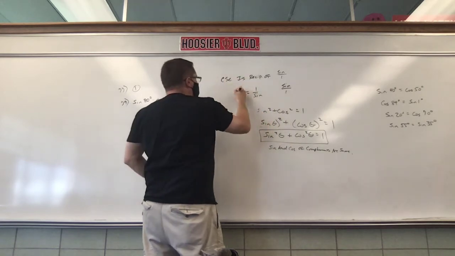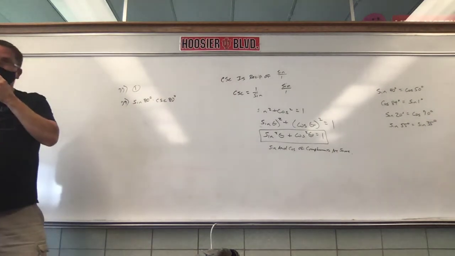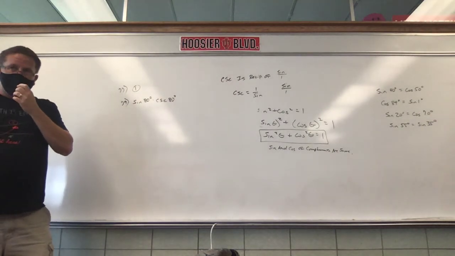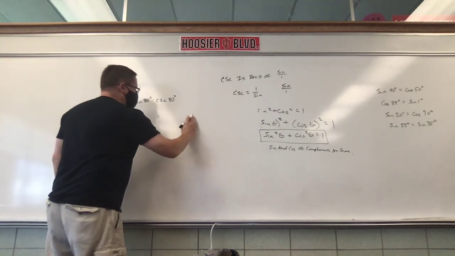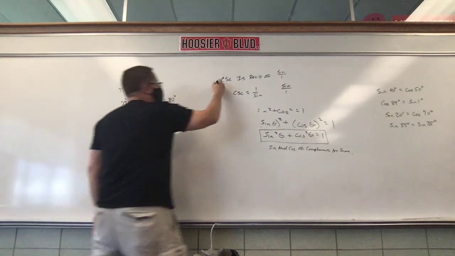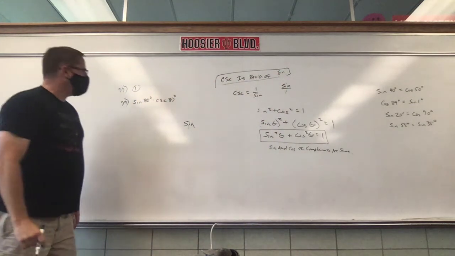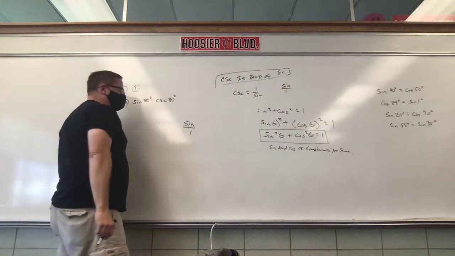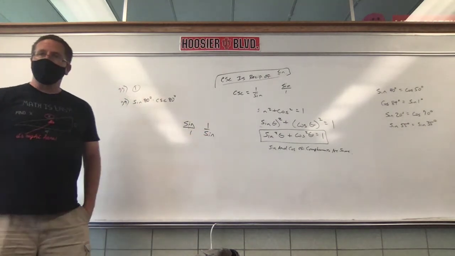So cosecant is the same as 1 over sine. It's the same thing, okay? If I said sine is sine over 1 and I flip that, you'd have 1 over sine. And if you flip sine, you have cosecant.